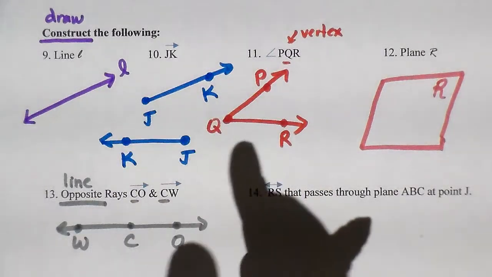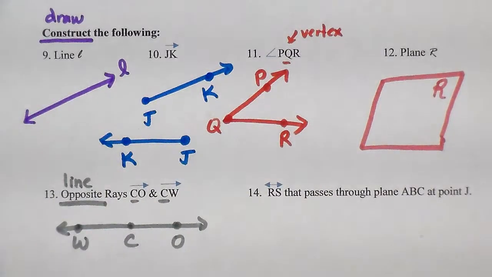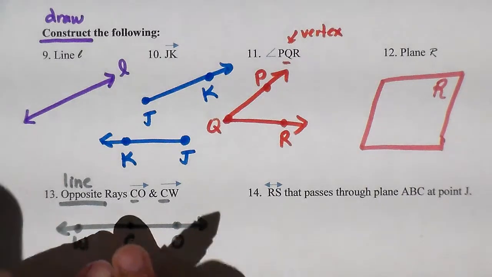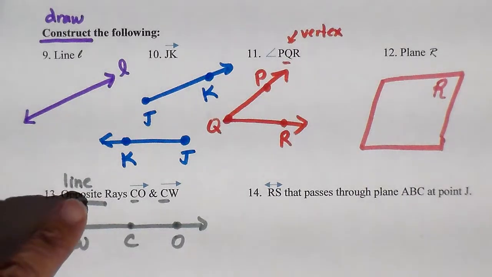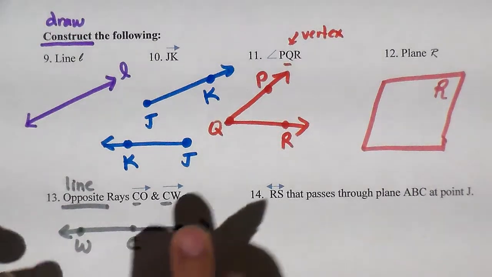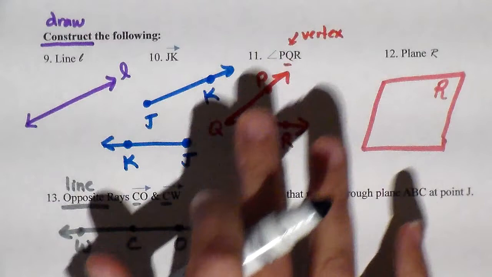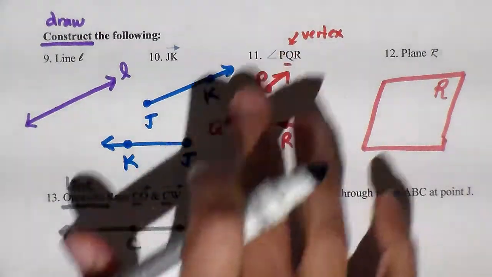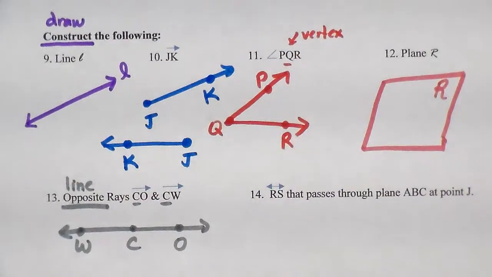Why is different not the same as opposite? Opposite means the only option is complete opposite. You've got a line, which happens to be a 180-degree angle, a straight angle. Different means as long as they're not going the same direction. So I could draw a number of angles here with these different rays.